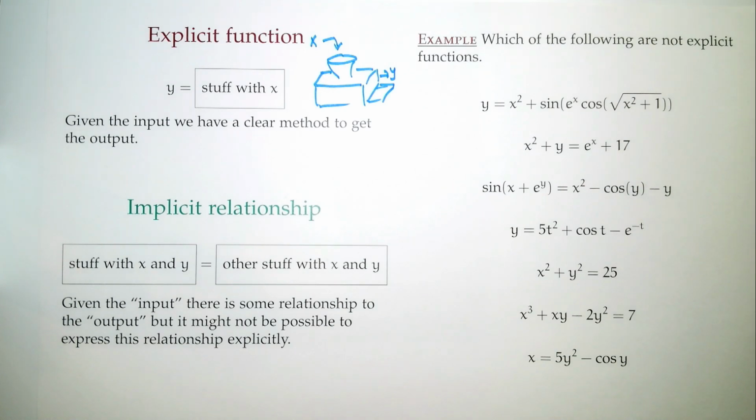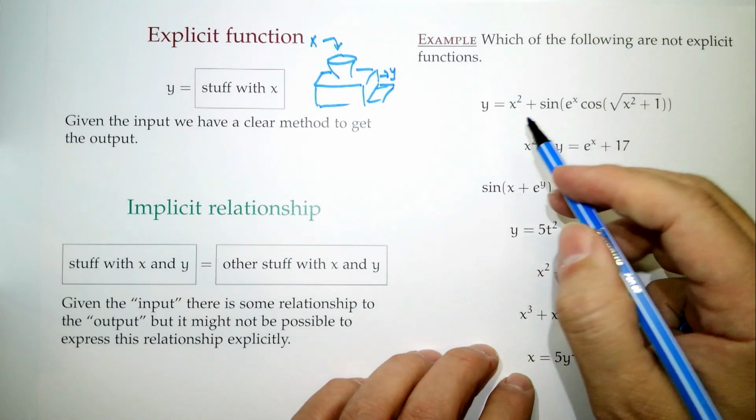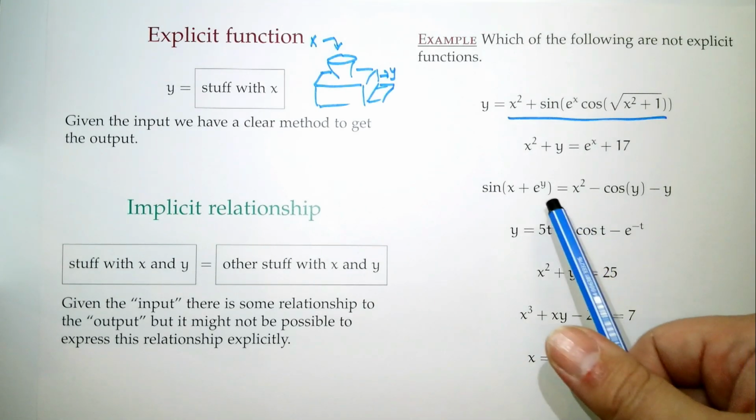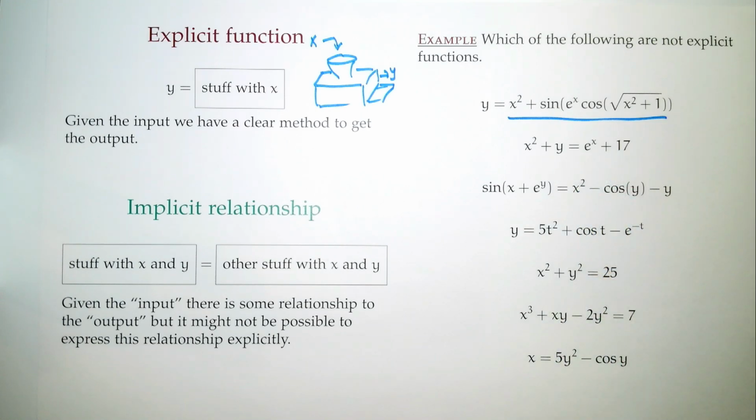Explicit or not explicit? Explicit. Okay, so that's fine. Explicit. Why? Well, because notice on this side over here, it's just stuff involving x. So that's great. How about x squared plus y equals e to the x plus 17?